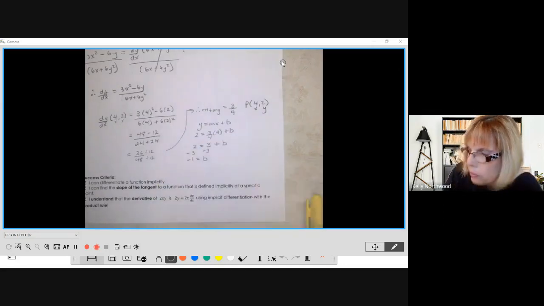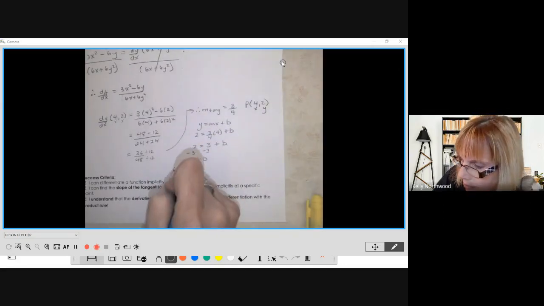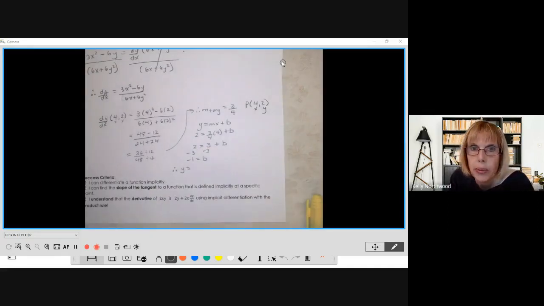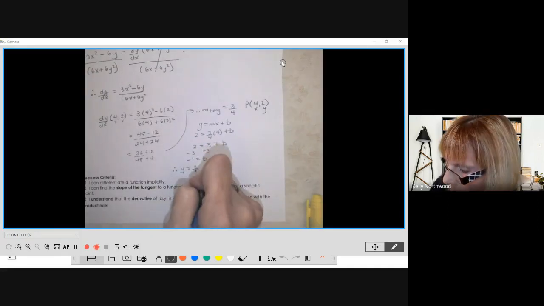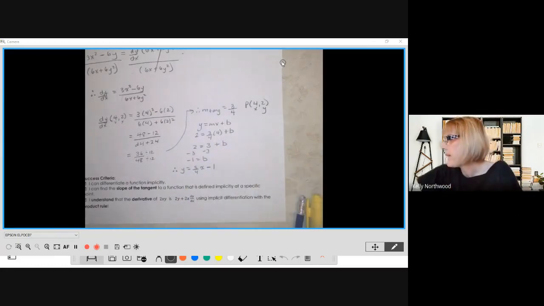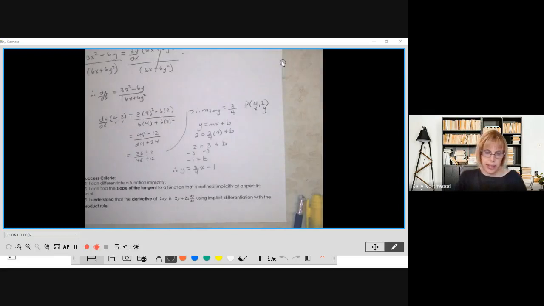So b is -1. So the equation of the tangent line would be y equals 3/4 x minus 1. I'm going to see if this one works when I put it in Desmos.